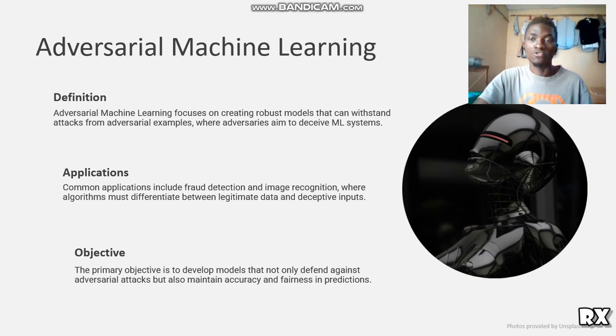Attackers aim to mislead the system, whereas defenders try to reduce the impact or success of the attackers who want to attack the system. Common applications include fraud detection and image recognition, where algorithms must differentiate between legitimate data and deceptive data. The primary objective is to develop a robust model.